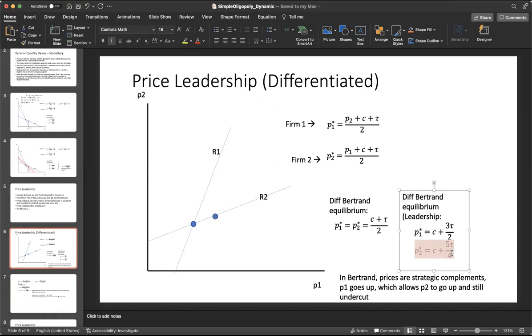Okay, so first question. What happened to the prices under price leadership? Here on the left is Bertrand without price leadership, and here on the right are the prices under price leadership. What happened? Correct, different prices. But not just different. How is it different?